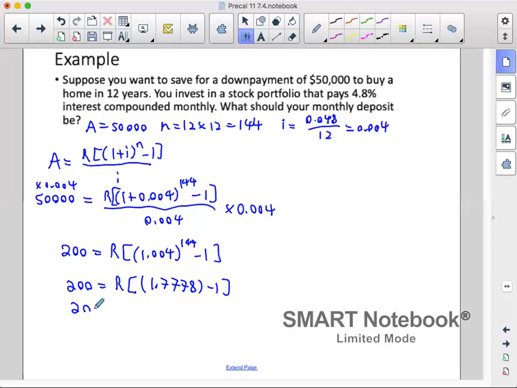So that gives us 200 is equal to R times 0.7778. Divide both sides by 0.7778. And that gives us an amount of $257.44.